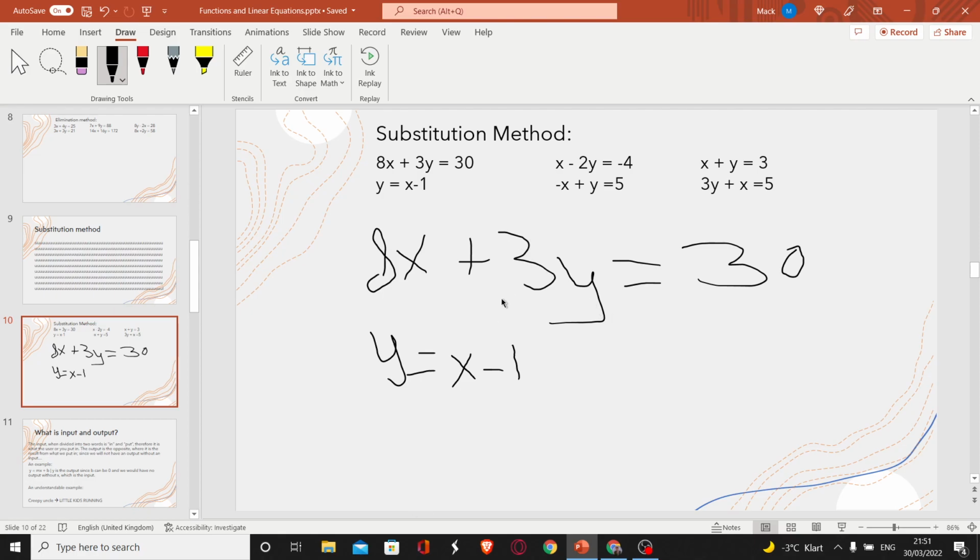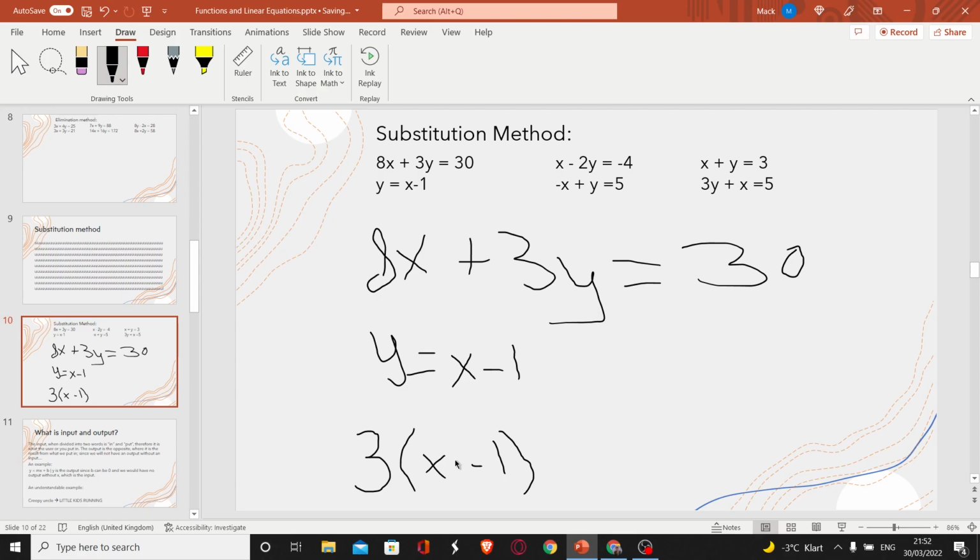Basically, 3y is the same thing as saying 3 multiplied with y. So what I'll do here is, I know y is x minus 1. So I'll just put 3 here and I'll put x minus 1 in bracket, because a bracket means that you're multiplying it if there's nothing between the numbers.